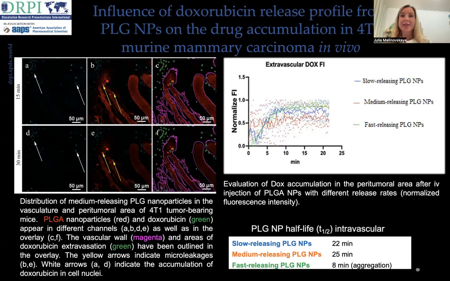Moreover, it was determined that fast-releasing nanoparticles subsequently undergo agglomeration once entering the blood circulation, followed by their fast elimination. At the same time, all 3 nanoparticle types exhibited a similar mechanism of extravasation and distribution across the vessel wall to the perivascular space.